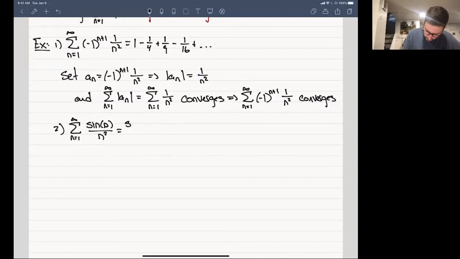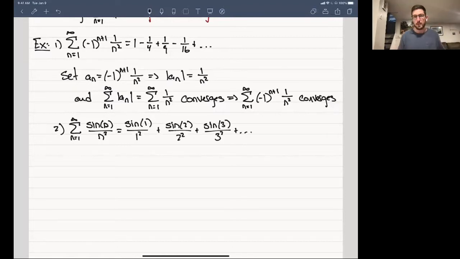So we have sine of 1, in radians. We don't know exactly what this value is. It's not really important. Divided by 1 squared, plus sine of 2 divided by 2 squared. If you really want to know what these numbers are, you can put them into your calculator. But I just want to write out the first few terms.